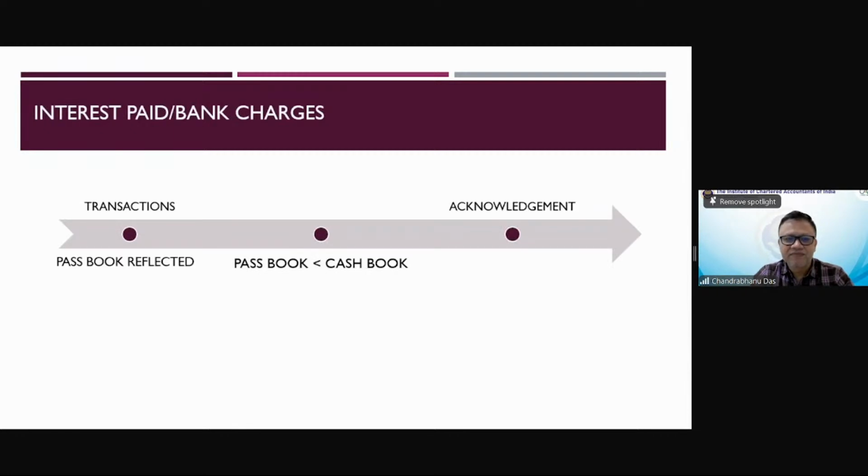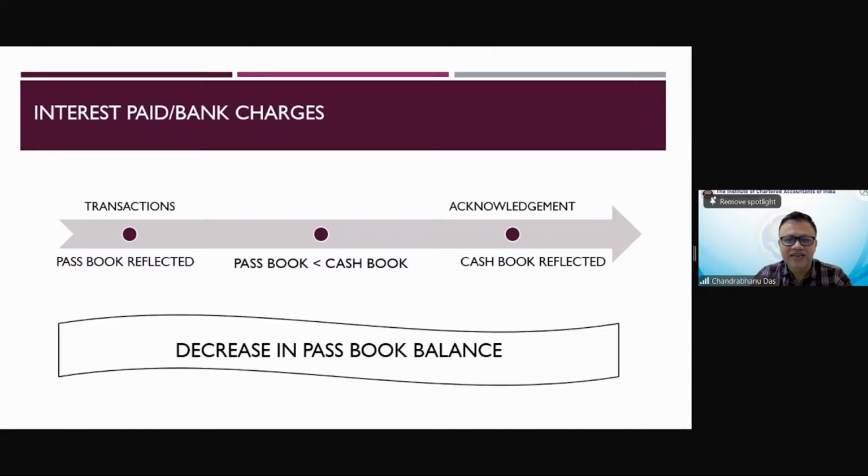Now you see here, the passbook reflects the interest paid. The cash book reflects it later on, and you see a decrease in the passbook balance. The passbook balance decreases when there is interest paid or bank charges. So these are all events. We just have to think what this event will do to the particular book, and then how we will reconcile the difference.